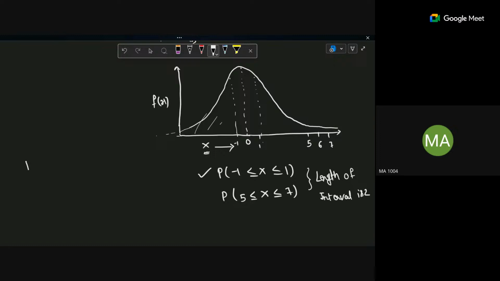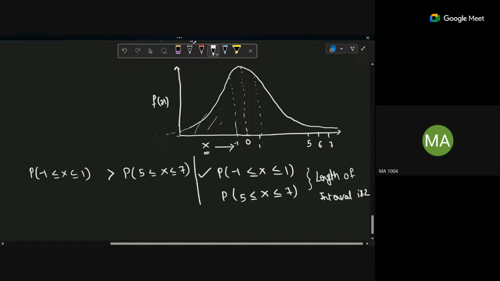So once a person says that the probability that x is lying between -1 to 1 is greater than the probability that x is lying between 5 to 7, if someone wants to explain this in language, then what should they say? Any guesses?